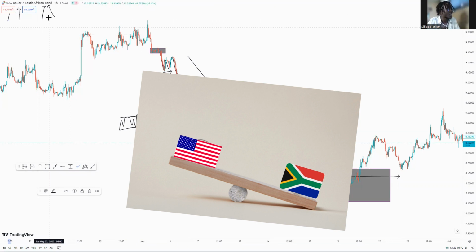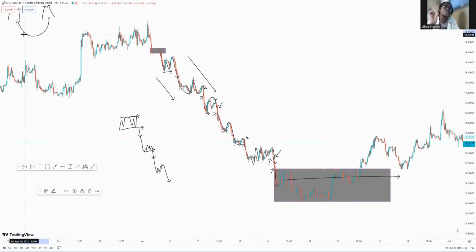But what confirmations do we have that clearly confirm that the rand is now having weakness and the dollar is now having strength?